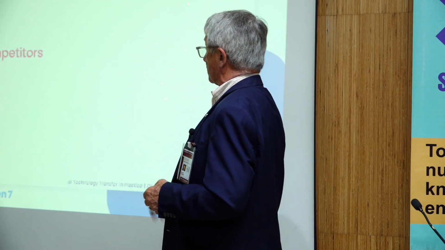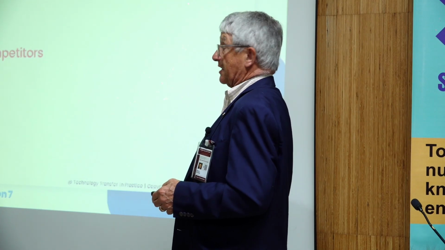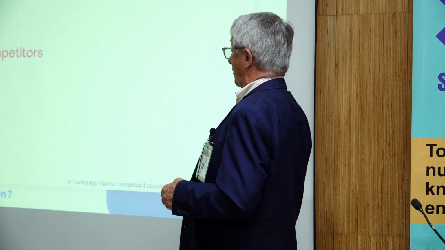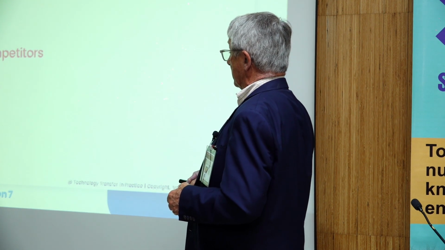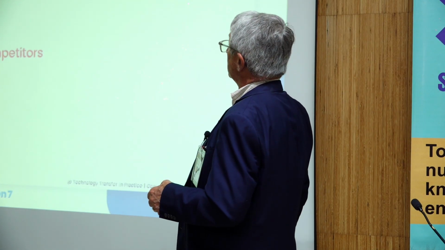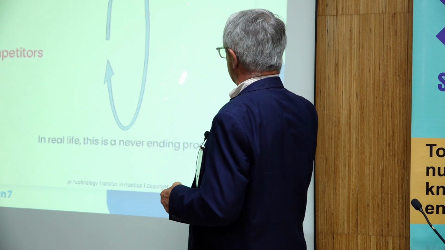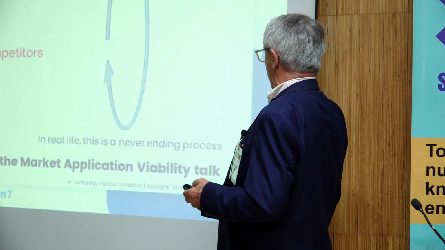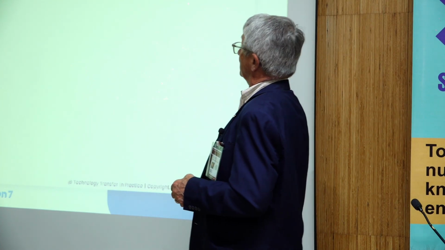And then you look for things like competing technologies and competitors, barriers to market entry, the development status of the technology, the intellectual property status, and these are all things that can stop it. And then you look at the pathway to market. So you start there, and in real life, this is going to be a never-ending process. And we looked at the market issues in the, oops, that was a different course, sorry.